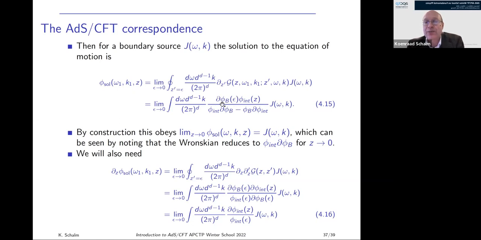So this acts precisely on the phi B. You get the derivative of phi B at the boundary times phi interior at Z. So the theta function controls that it's this combination that survives, and it's precisely the derivative of phi B that appears and not phi B itself, because phi B itself would vanish at the boundary.